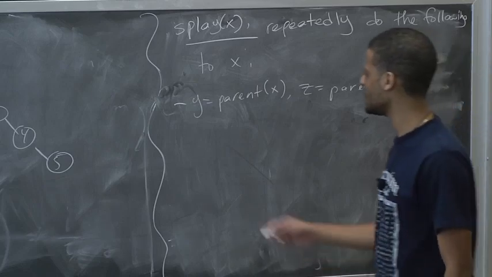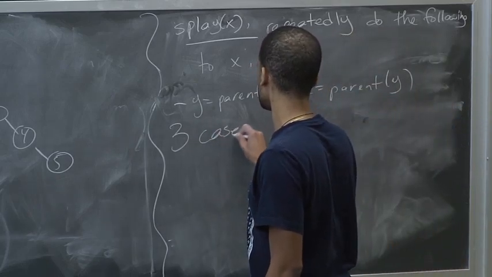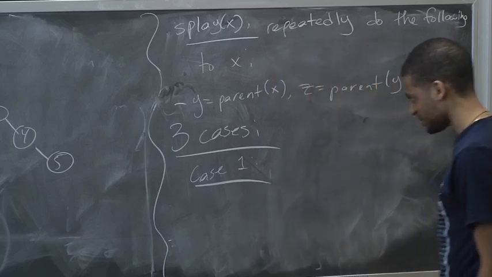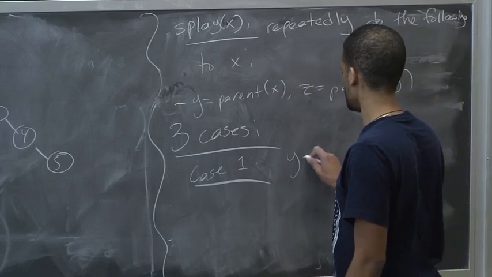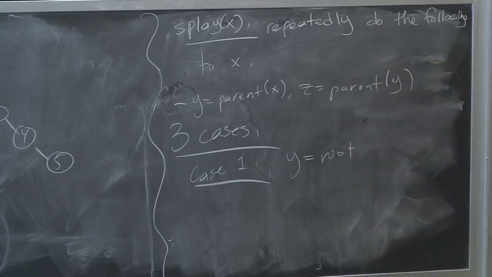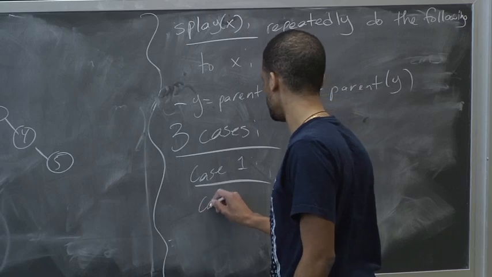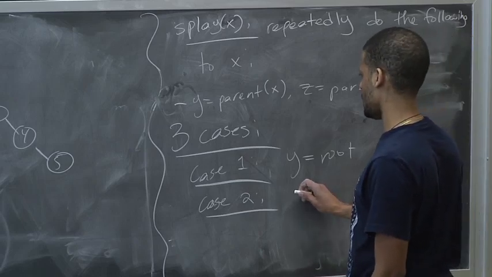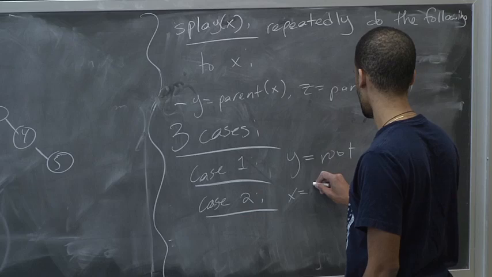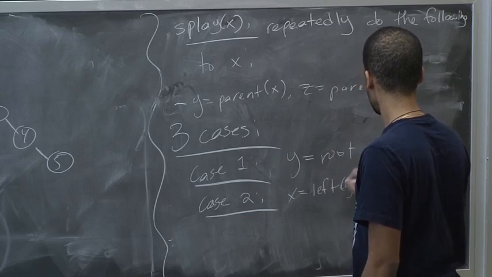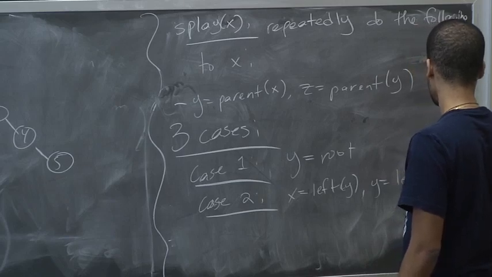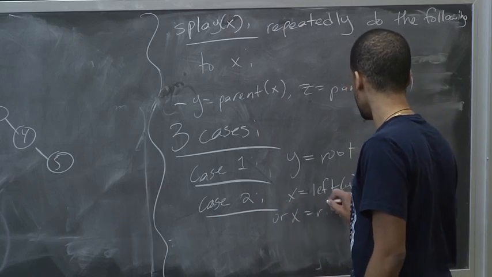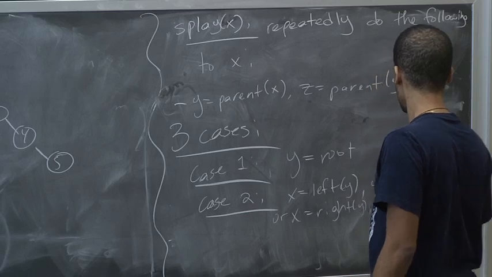So there are three cases. Case one, y is the root. Case two is that x is the left child of y, and y is the left child of z, or x is the right child of y, and y is the right child of z.